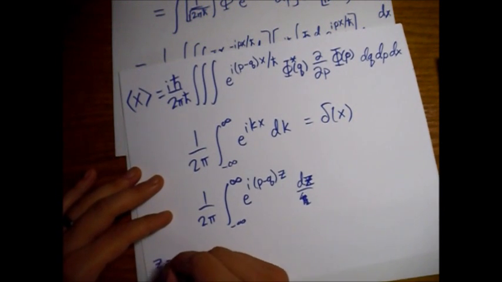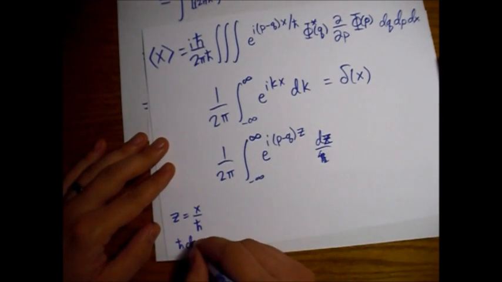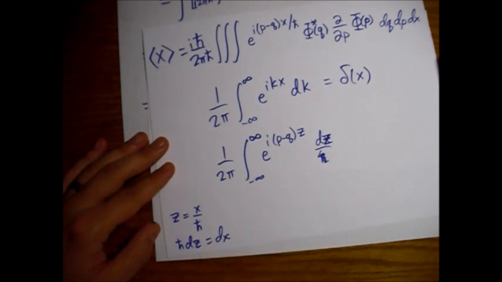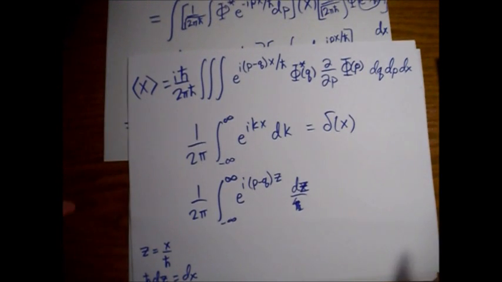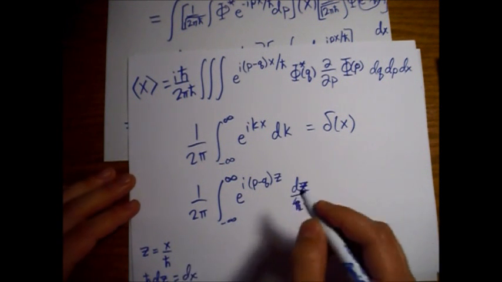So z equals x over ħ, like that, so ħ dz is equal to dx.